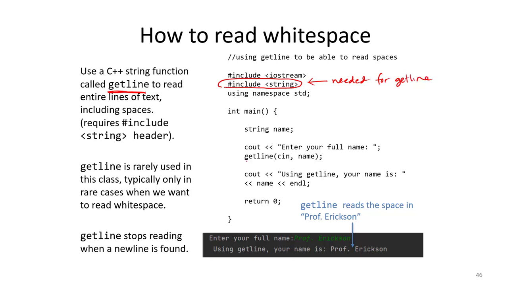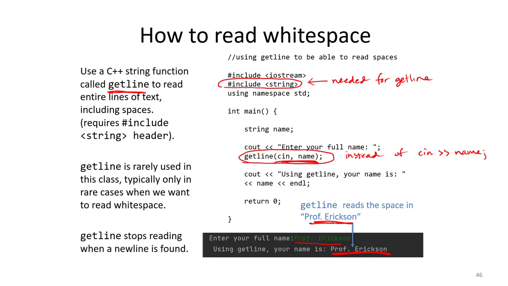But notice instead of using cin name, if I use getline cin name, then it will save the entire name including the space.